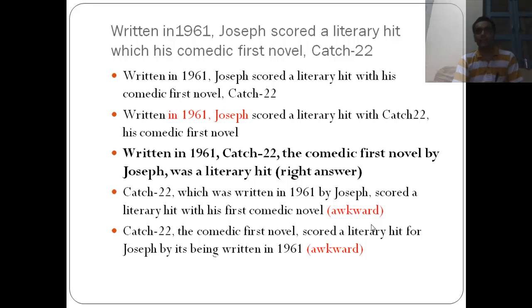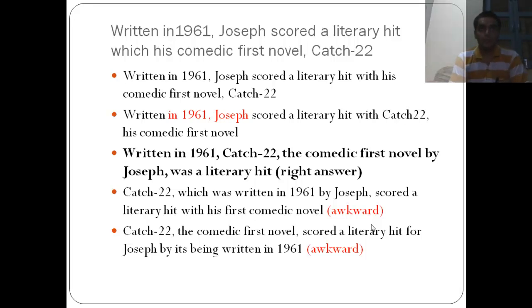So written in 1961 should be followed by what is written in 1961, and it makes a lot of sense, which in grammatical terms is called the misplaced modifier. The sentence should not be awkward. It should make sense, and it should not have something which actually changes the meaning.